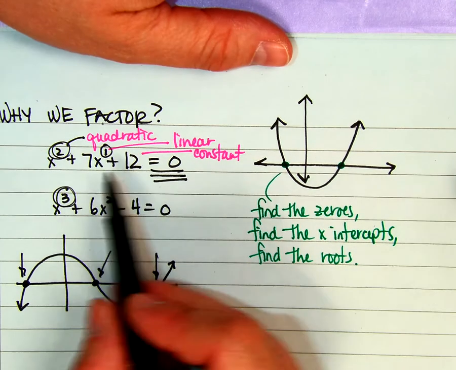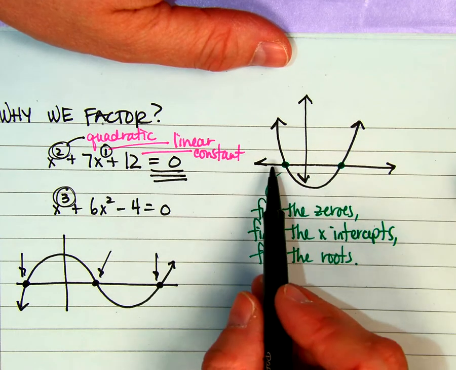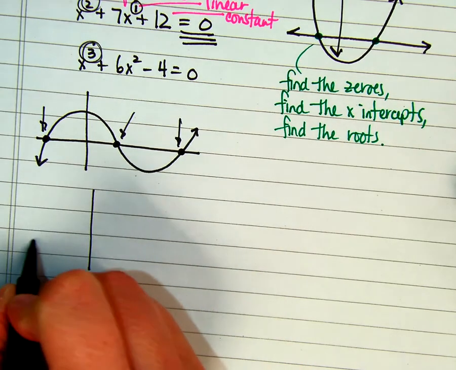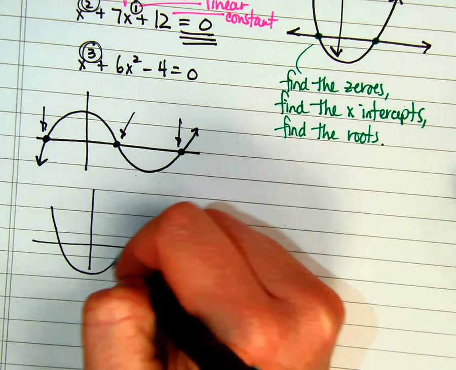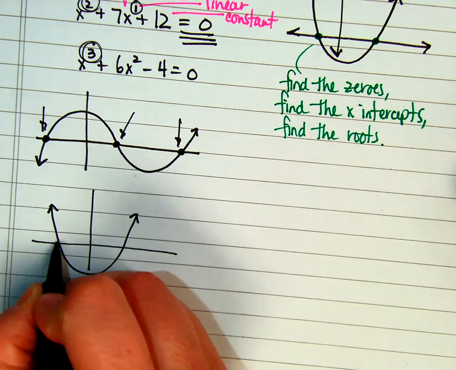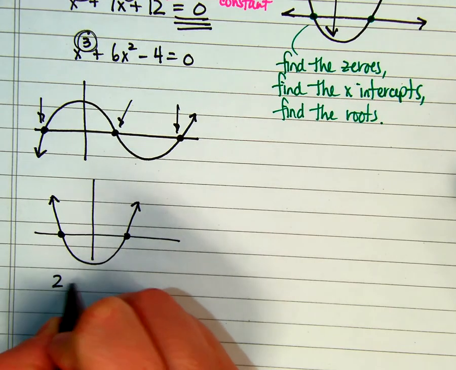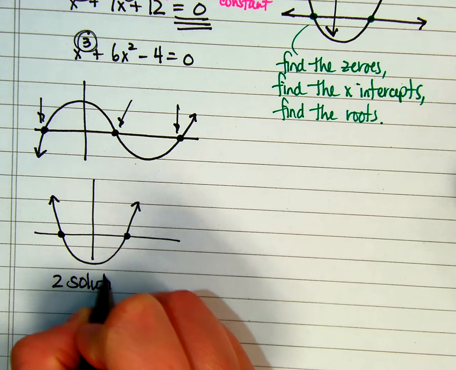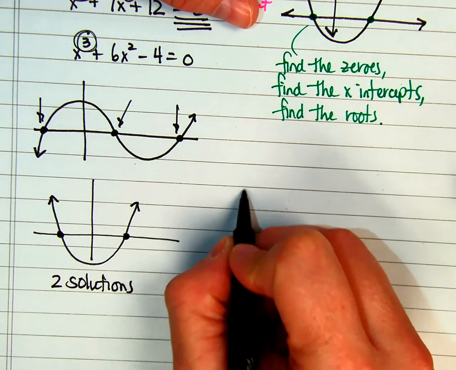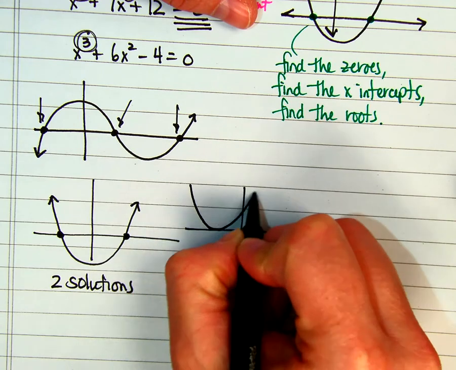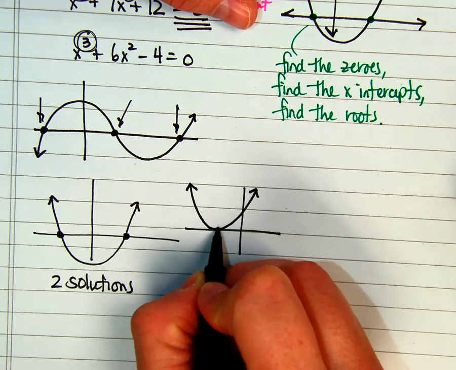Okay? When we're dealing with a quadratic, like I said, you can either have 2 solutions. So you could have 2 where your parabola crosses here and here. So this would be 2 solutions. You could have 1 solution, where your parabola just touches your x-axis.